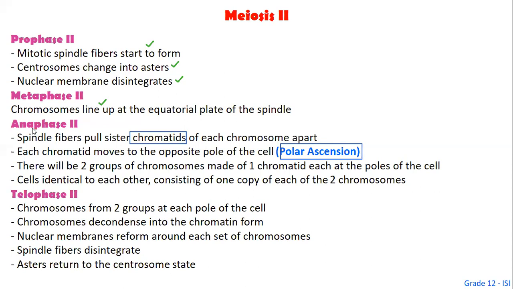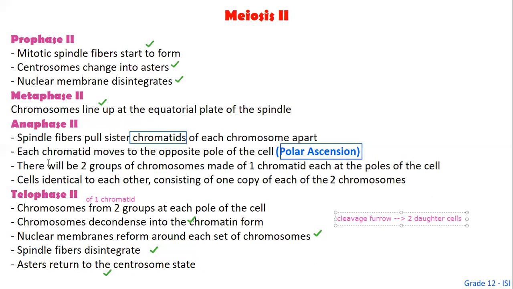During telophase, asters return to the centrosome state, spindle fibers disappear, the membrane of the nucleus appears, chromosomes decondense and go back to the chromatin form, and we have chromosomes of 1 chromatid at each side of the cell. And for sure we have a cleavage furrow splitting the cell into 2 daughter cells.